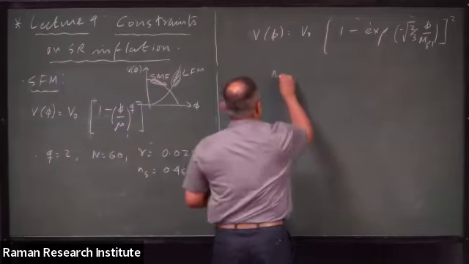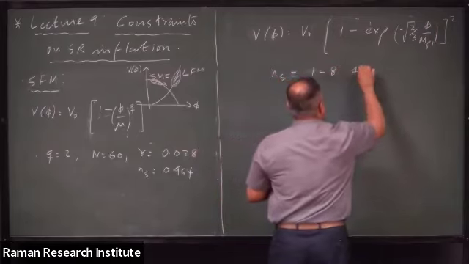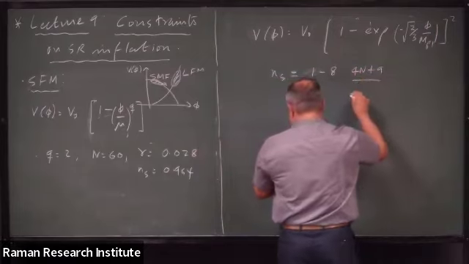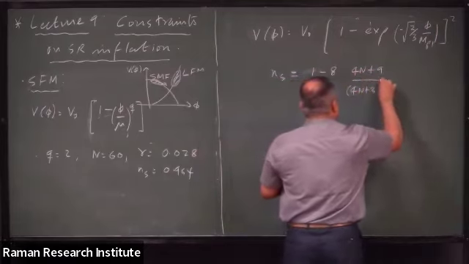You can show that NS is 1 minus 8 into (4N plus 9) divided by (4N plus 3) whole square.